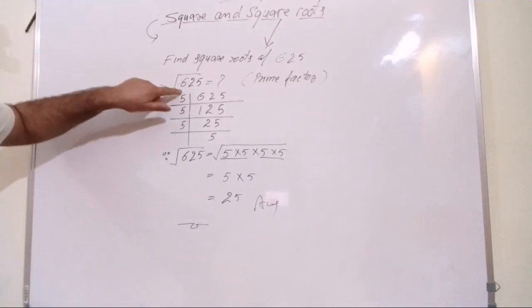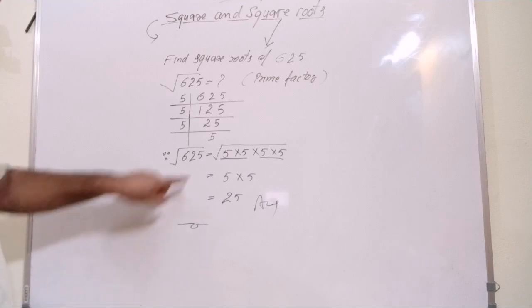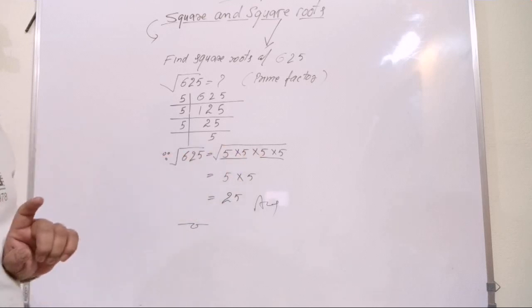So square root of 625 is equal to 25. Why is this 25? Because we have two groups of 5 and 5. Right beta?